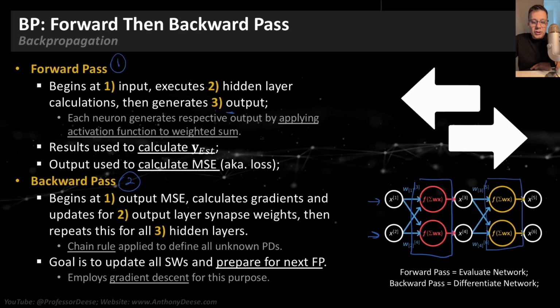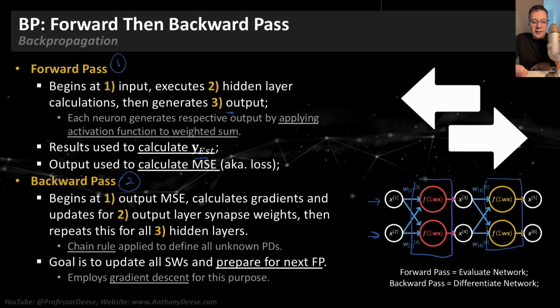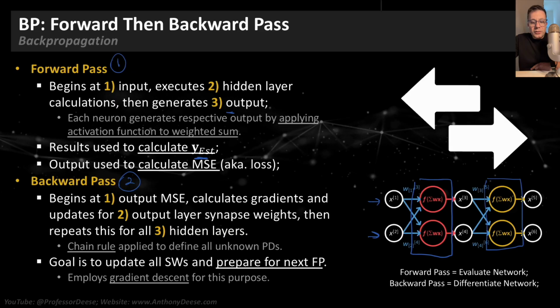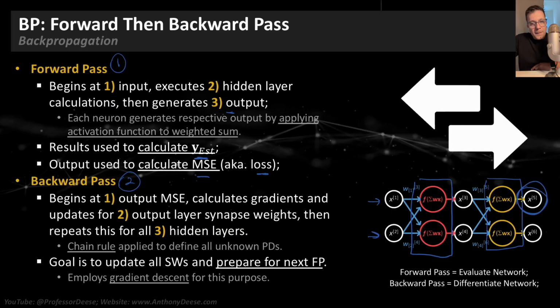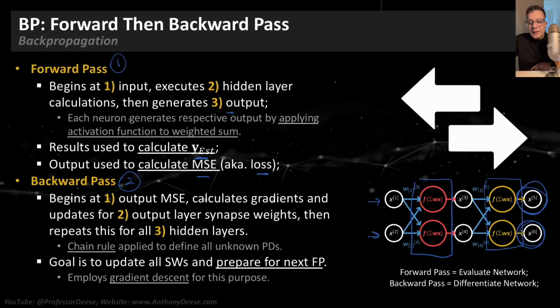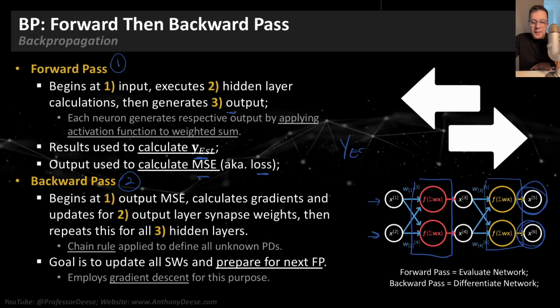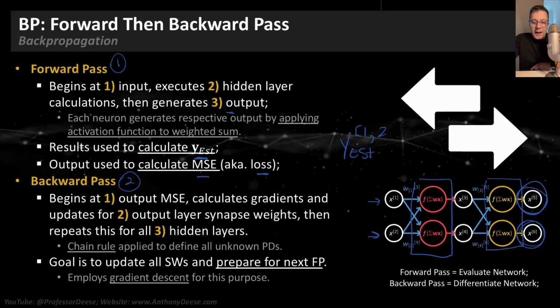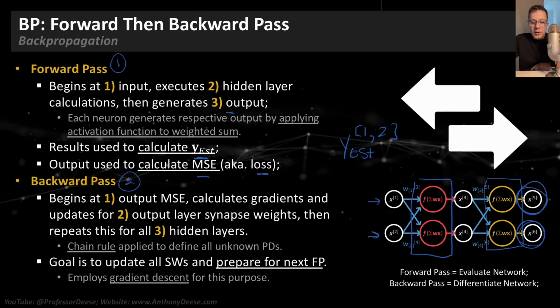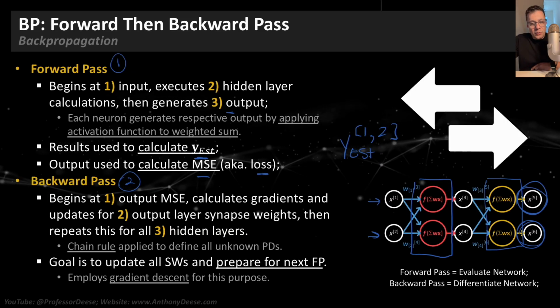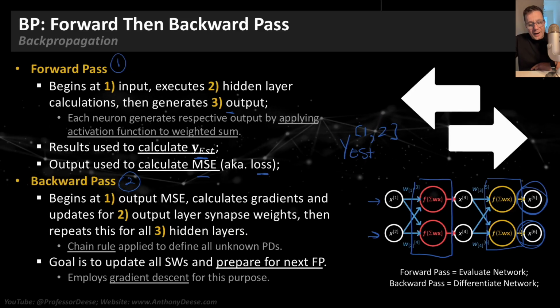The forward pass generates the results used to calculate the estimated output, and it also calculates the mean squared error, or the loss, associated with both the 5th and the 6th states, which we call y estimated 1 and 2. After the forward pass is complete for a given iteration, we begin the backward pass, or what is more traditionally referred to as the actual backpropagation.